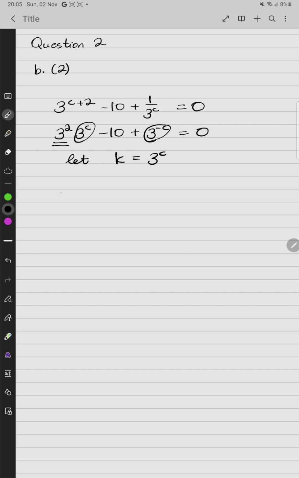Then I would have 9k minus 10 plus, I'm going to rewrite this because it can be a bit confusing, 1 over k, because k is 3 to the c. That is equal to 0. And what I can do now is multiply every term by k.